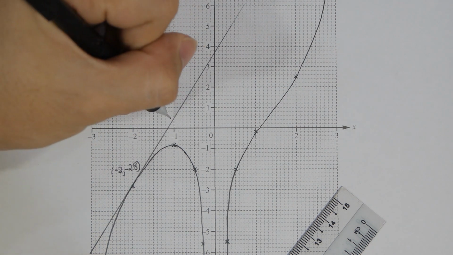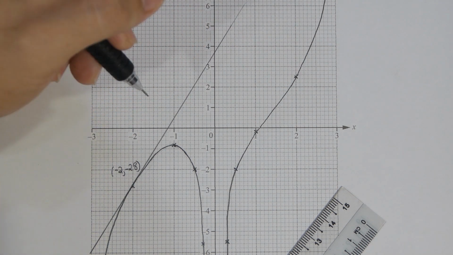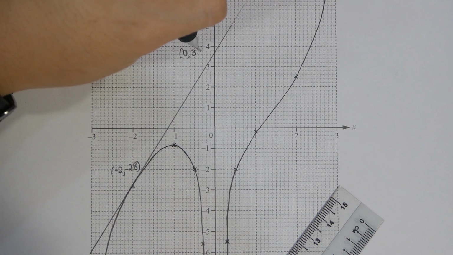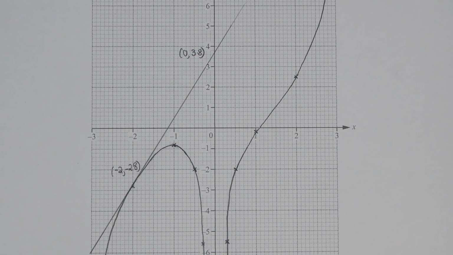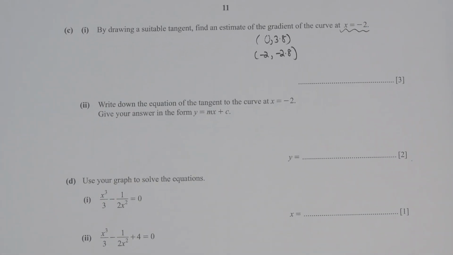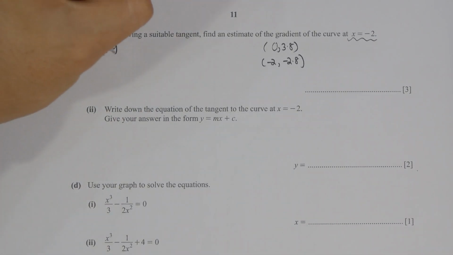Okay, so now that we have two coordinates here, which are 0, 3.8 and negative 2, negative 2.8, you can run the calculation of y2 minus y1 over x2 minus x1 and get the gradient as 3.3.